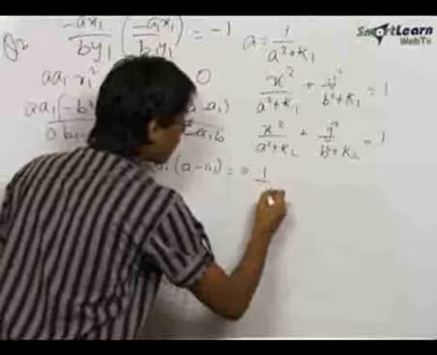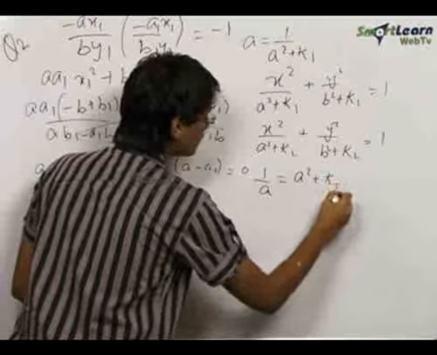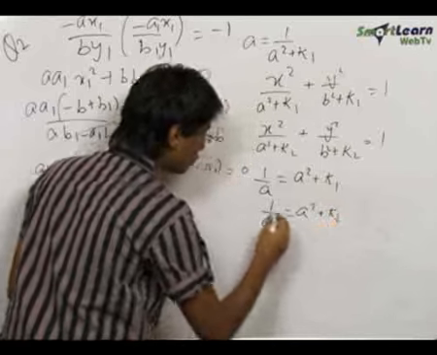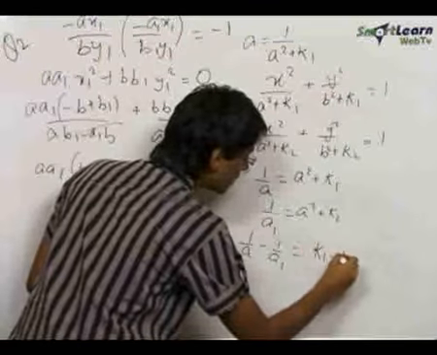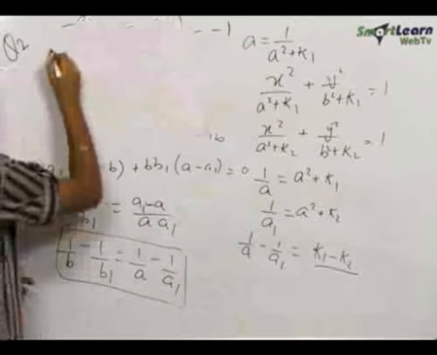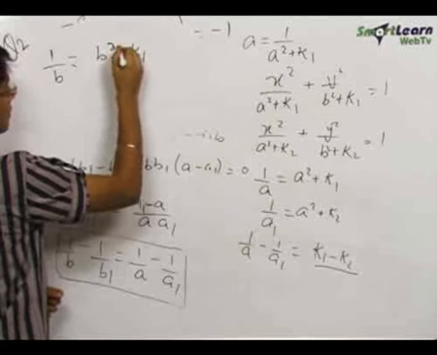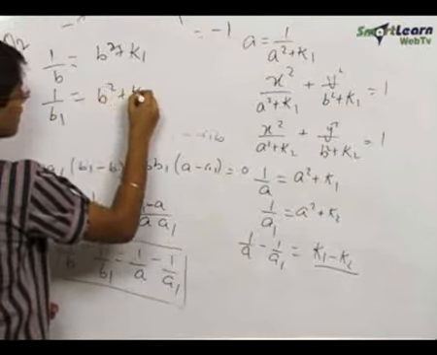Hence 1/a in our case is a² + k1, and 1/a1 in our case is a² + k2. So 1/a − 1/a1 is equal to k1 − k2. 1/b in our case is b² + k1, and 1/b1 in our case is b² + k2.